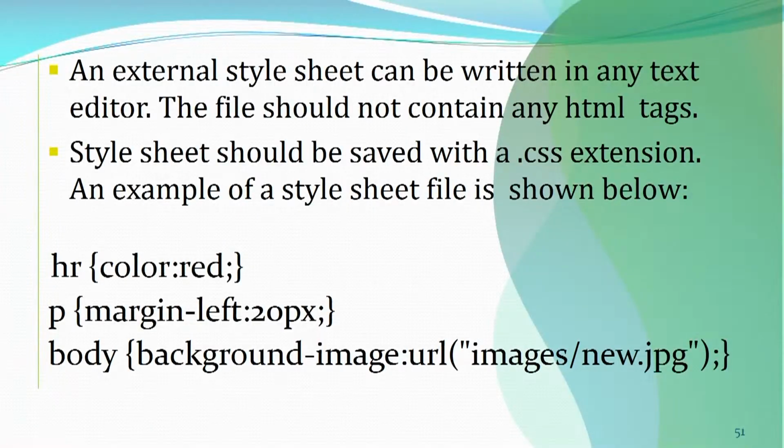The file should not contain any HTML tags, and it can be saved with a .css extension. An example is that we have the HR tag, horizontal rule tag, that has been styled. P tag has been styled so that margin left will be 20 pixels. For body, we are setting a background image.